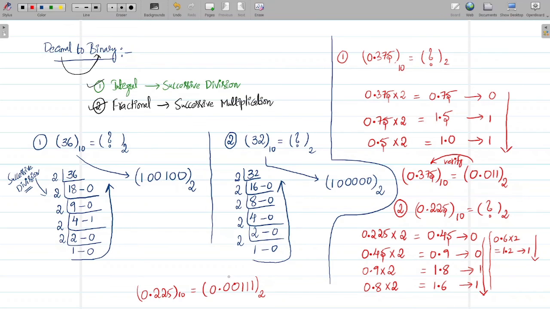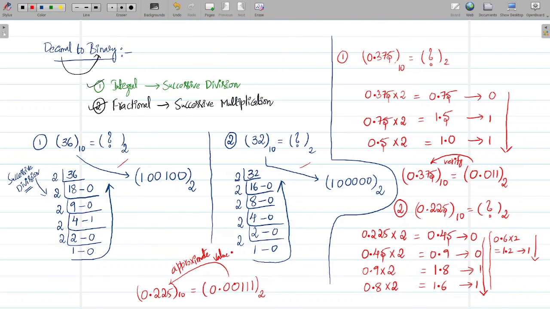Now when you convert this binary number into a decimal number, you will get an approximate value, because our conversion is not stopping anywhere, and I have stopped at a particular value of my required accuracy. That's why you will get an approximate value. But in all the first three problems, you will get the exact number.